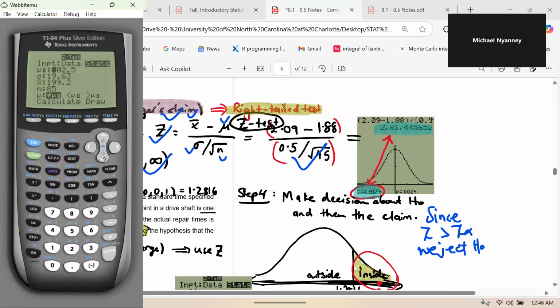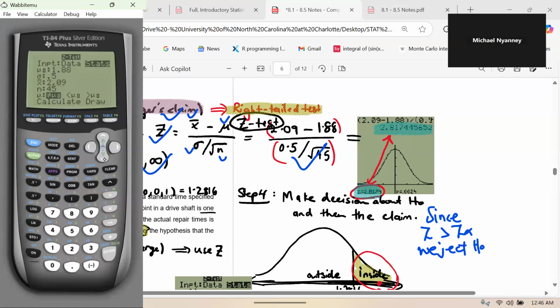So in our case, we had it to be 1.88. Okay, and our Z value is 0.5. And our S bar is what? 2.09. And our N that you had is 45.